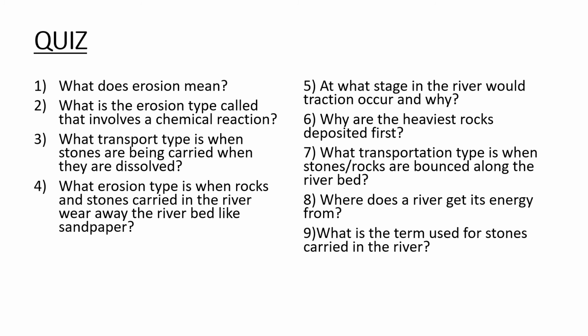What transport type is when stones are carried when they are dissolved? This is called solution. Just like you were going to dissolve something in a solution in science. What erosion type is when rocks and stone carried in the river wear away the riverbed like sandpaper? This is called abrasion.